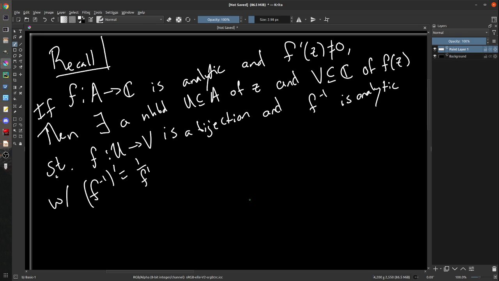The important thing is to know what I'm going to try to give you for problem number 3, which asks us to use the inverse function theorem.